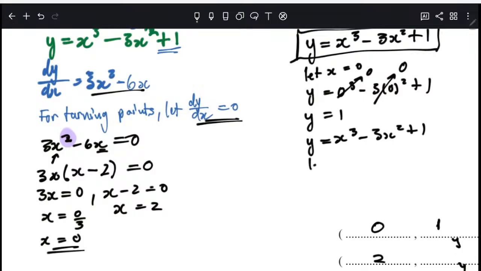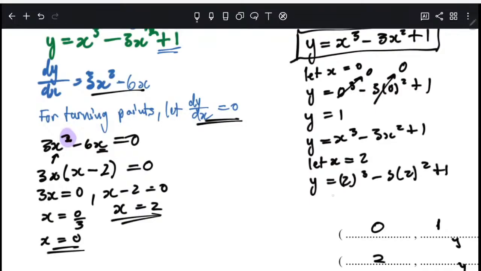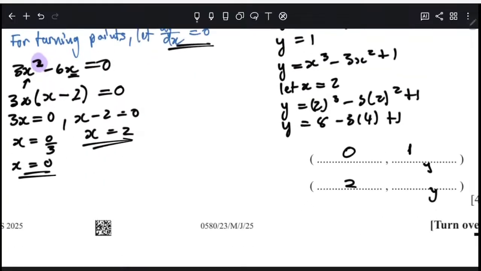You now say, let x equal to the other one here, which is 2. You now have y equal to 2 cubed minus 3 by 2 squared plus 1, which is y is 8 minus 3 by 2 squared is 4, then plus 1, which is 8 minus 12, that's a negative 4, plus 1, that's a negative 3.